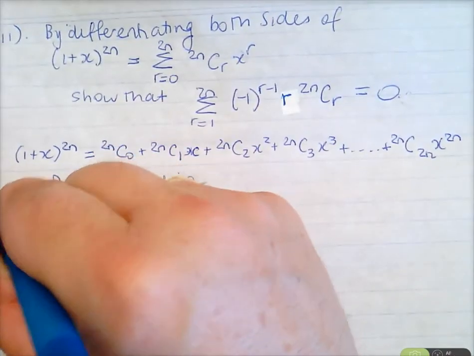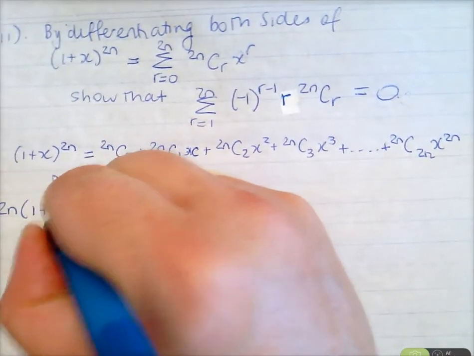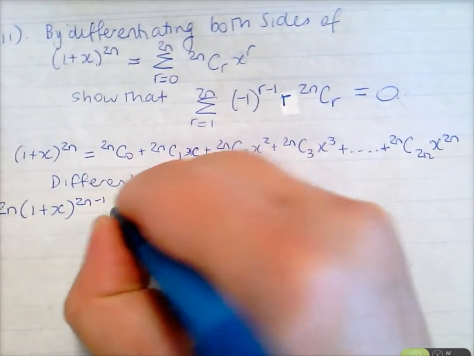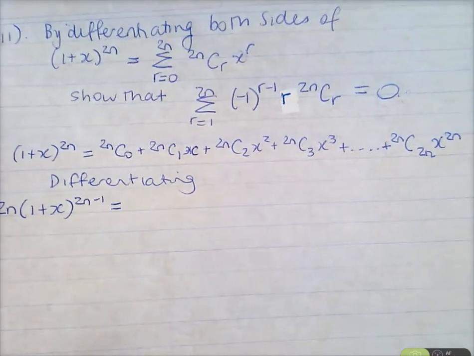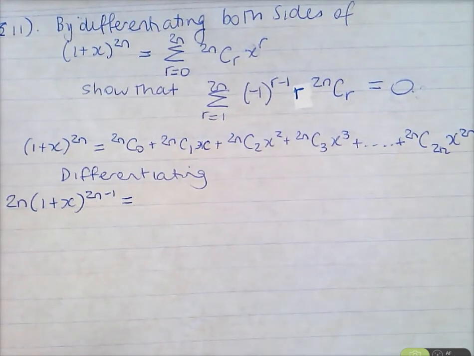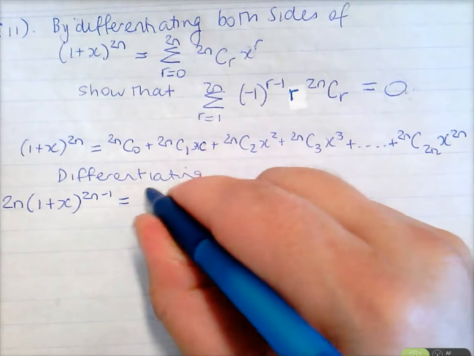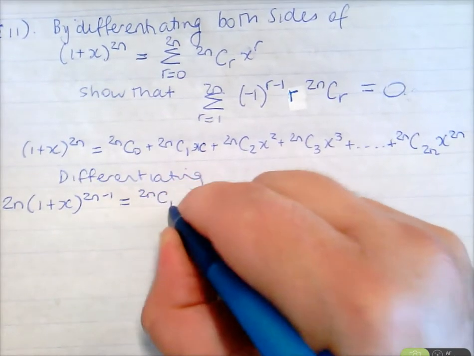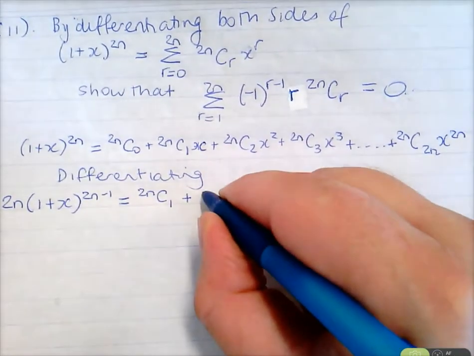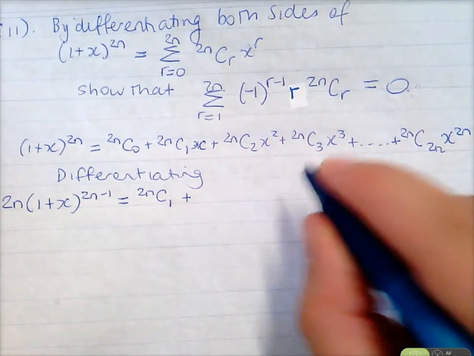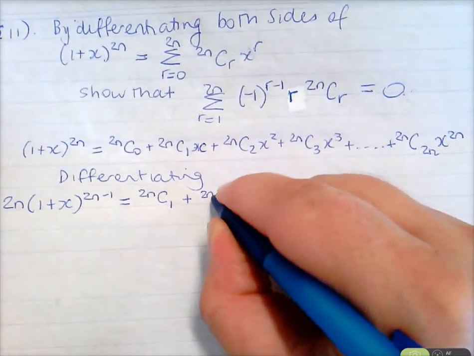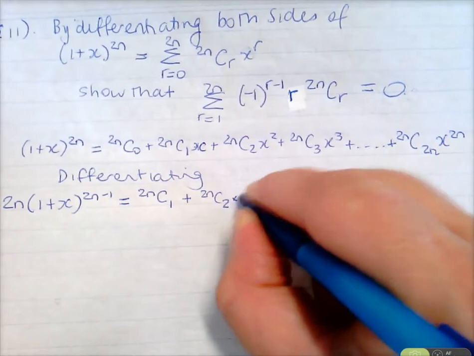Bring the 2n to the front. 1 plus x to the 2n minus 1 equals 2nc0. If you differentiate that, you get 0. 2nc1 x, if you differentiate that, you get 2nc1. 2nc2, if you differentiate that, you get 2nc2 times 2x.